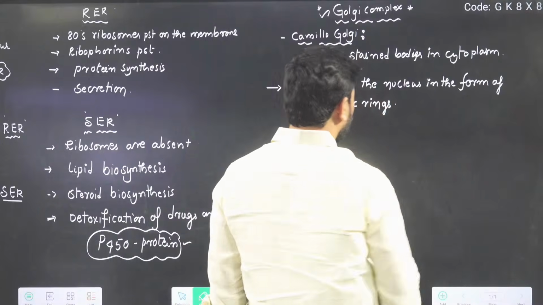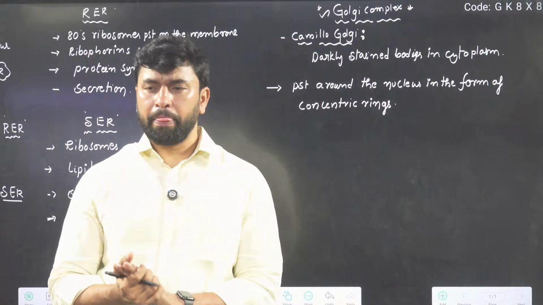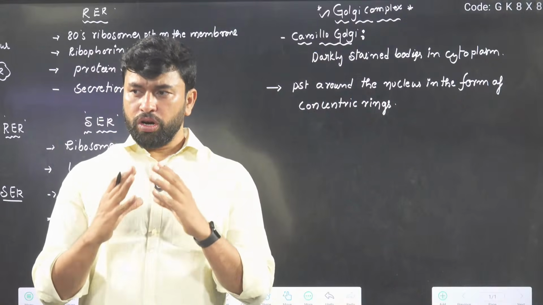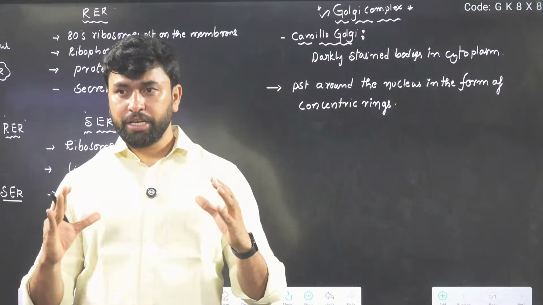What does it mean by concentric rings? Listen, the Golgi complex is actually formed by endoplasmic reticulum.